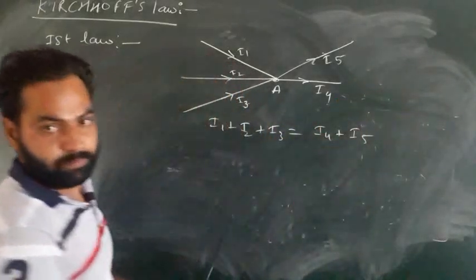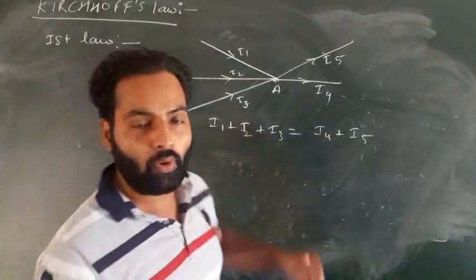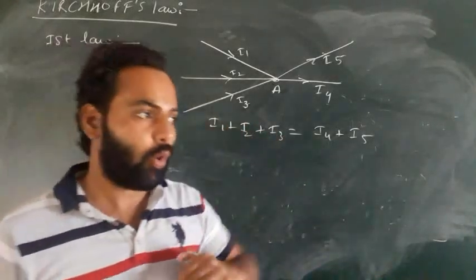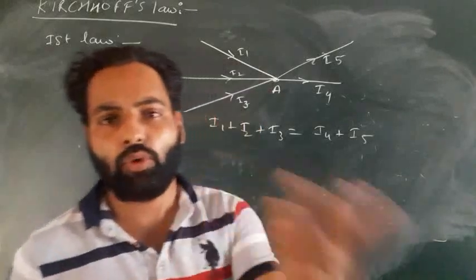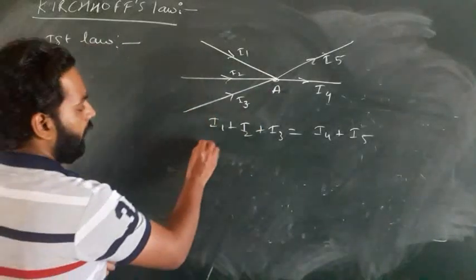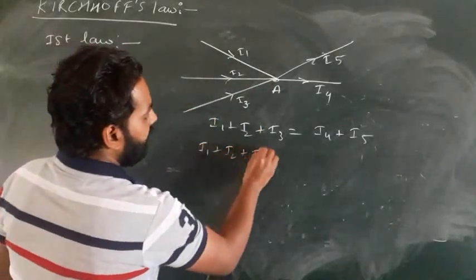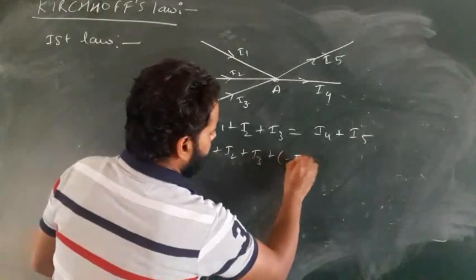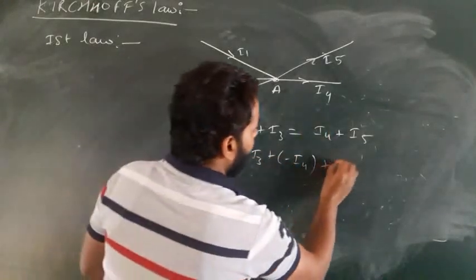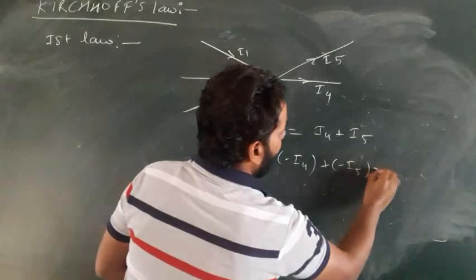One more point: the algebraic sum of all the current entering or leaving the junction is equal to 0. What is the meaning of that? If we take I1 plus I2 plus I3 plus minus I4 plus minus I5, it is equal to 0.